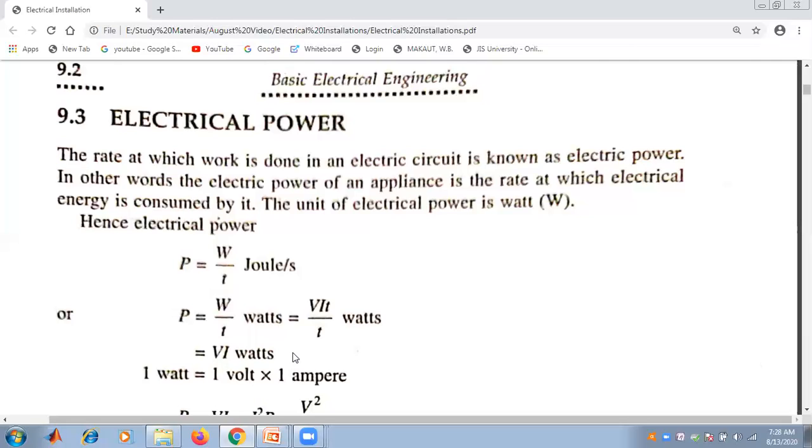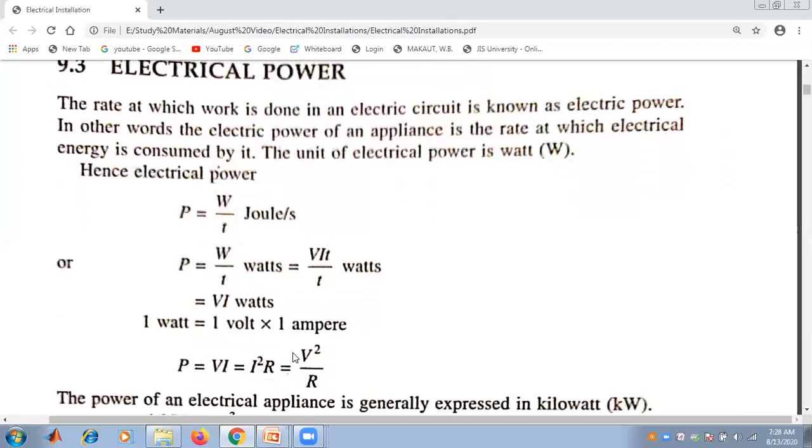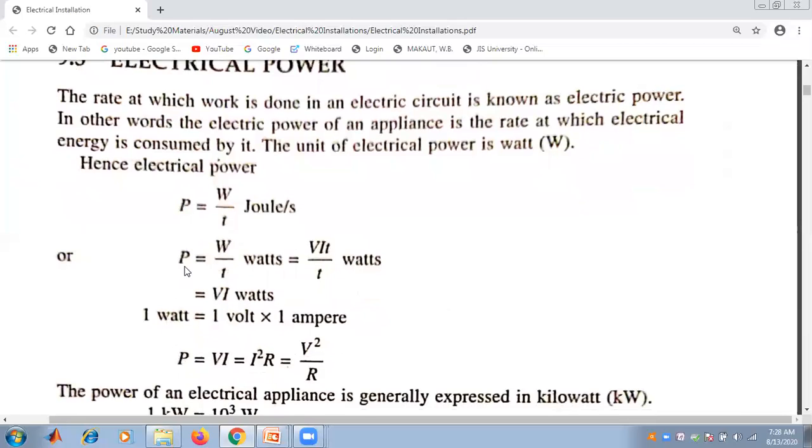So 1 watt is equal to 1 volt into 1 ampere.